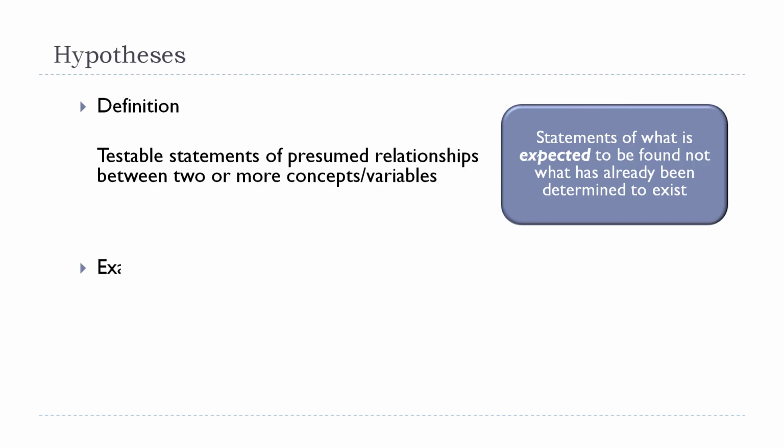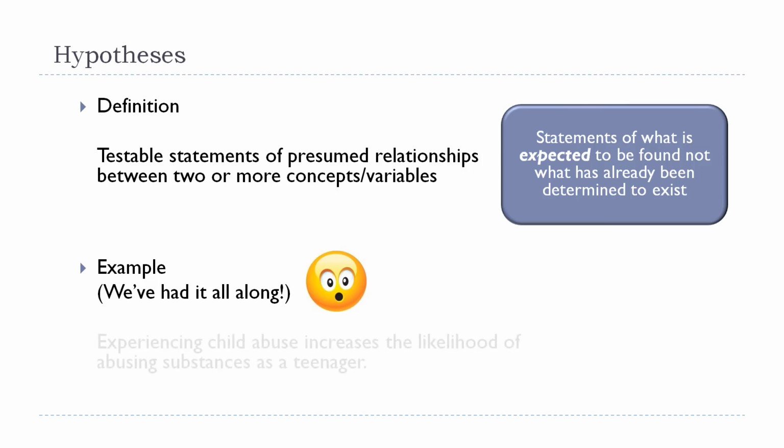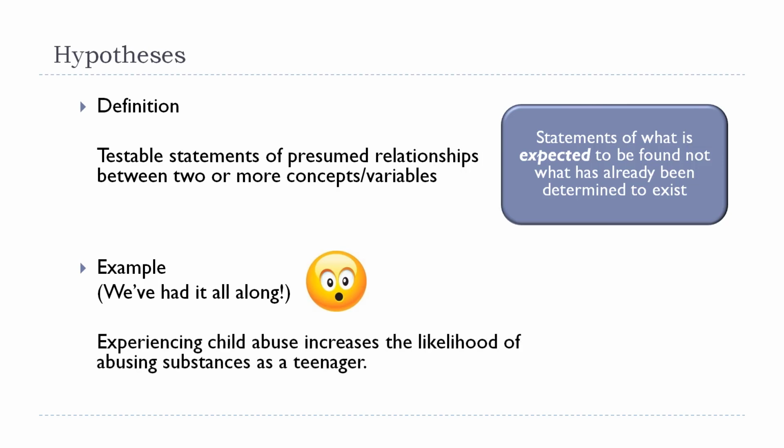So let me give you an example. And by the way, we've had this as a hypothesis all along. We just didn't call it that. I know, it's shocking. So here it is. Experiencing child abuse increases the likelihood of abusing substances as a teen. It's not the greatest hypothesis in terms of wording, but it's a hypothesis.